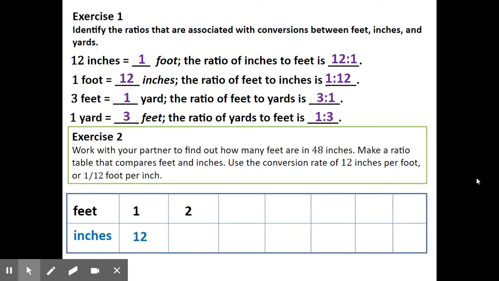Well, what if we have 2 feet? How many inches would we have? 24. Go ahead and fill in the rest of this chart. We've done this before. And then we see that 4 feet is 48 inches.